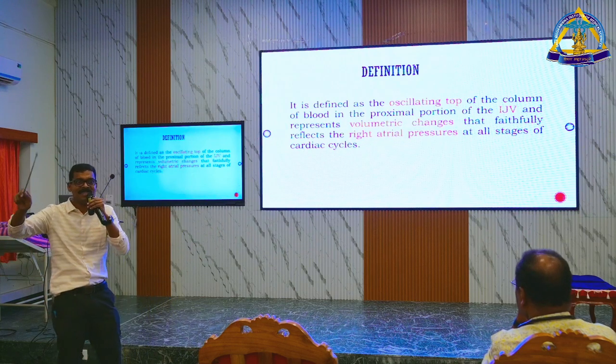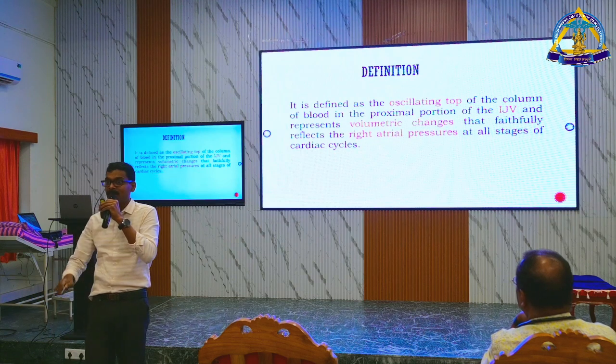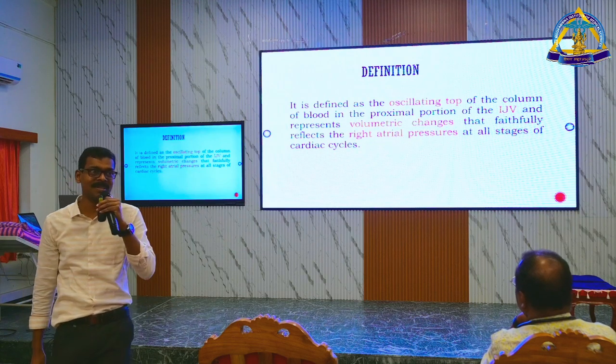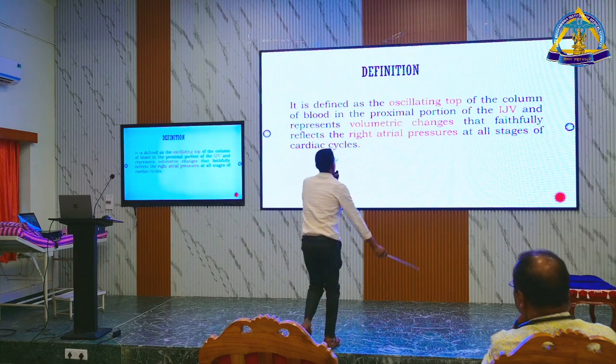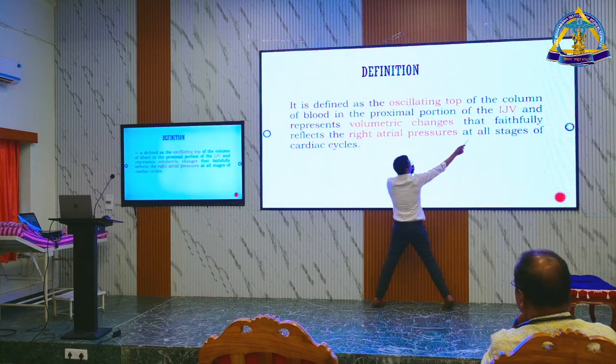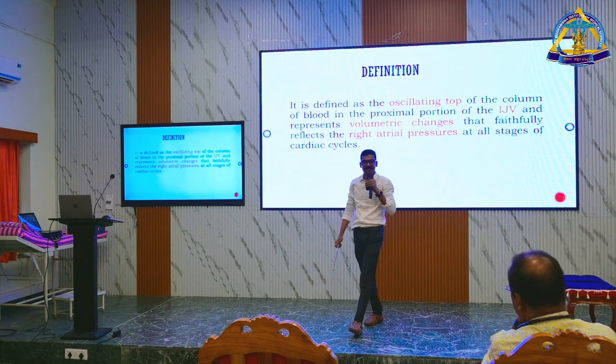The volumetric change that faithfully reflects the right atrial pressure during all the phases of the cardiac cycle. I have given four in red letters. It's the oscillating top. It should oscillate in the IJV. It's a volumetric change that you see, but you can decipher the pressure changes.